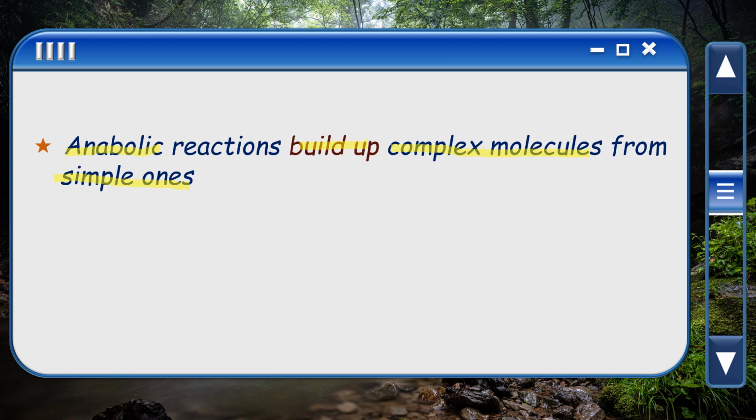When you are building proteins, you build them from simpler molecules, which are amino acids. You get amino acids, react them with other amino acids, and you get a product which is a protein. And that protein is a complex molecule, which means that reaction has been an anabolic reaction because you have ended up building a complex molecule from simpler molecules.